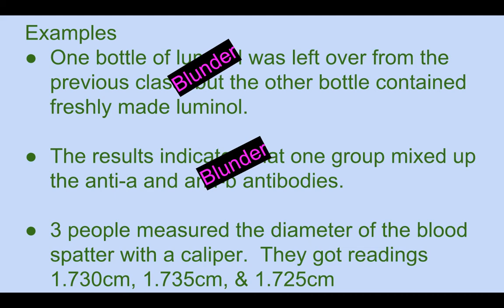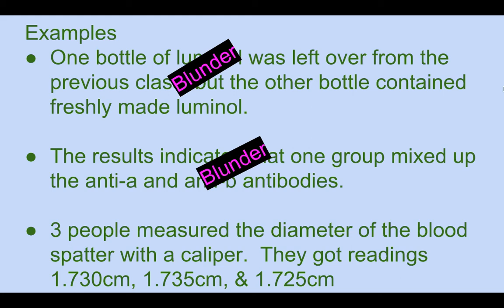Now let's look at calipers. 3 people measured the diameter of the blood spatter with a caliper. They got readings of 1.730 centimeters, 1.735 centimeters, and 1.725 centimeters. Who's wrong? Nobody's wrong. They each read the caliper to the correct precision, which means out to 3 decimal places.